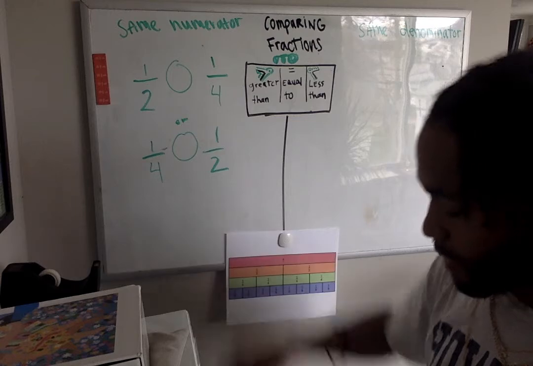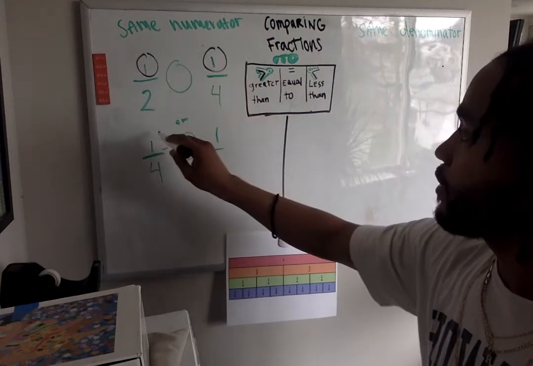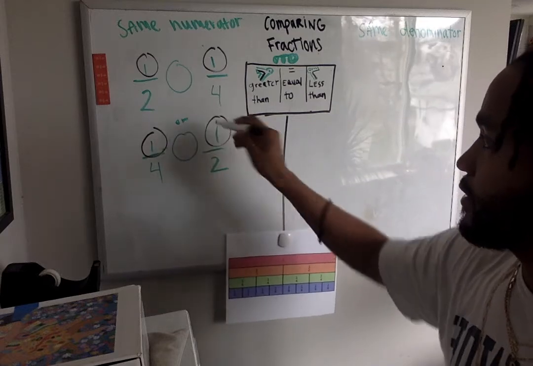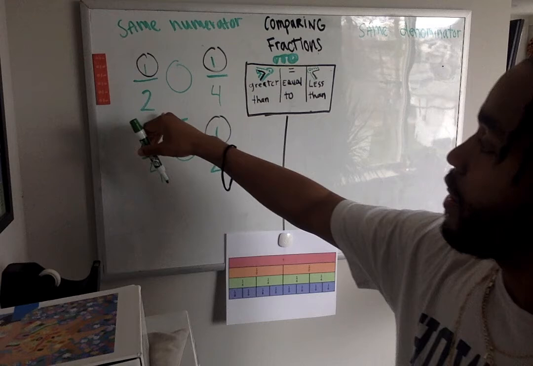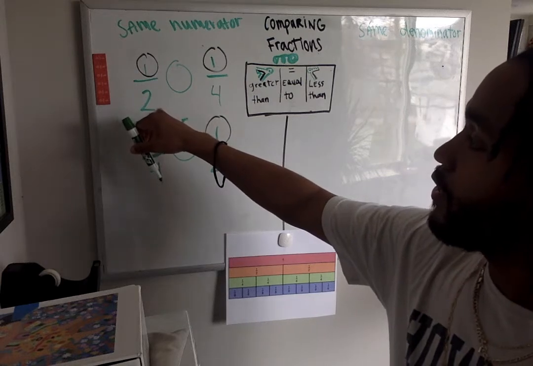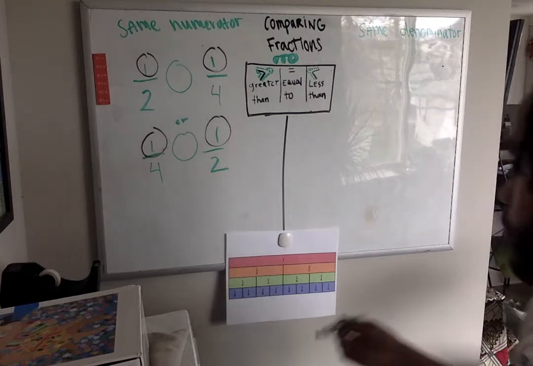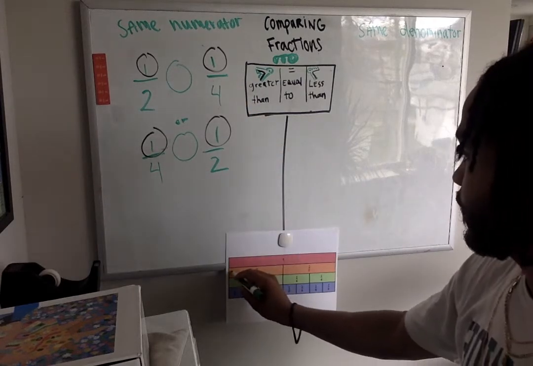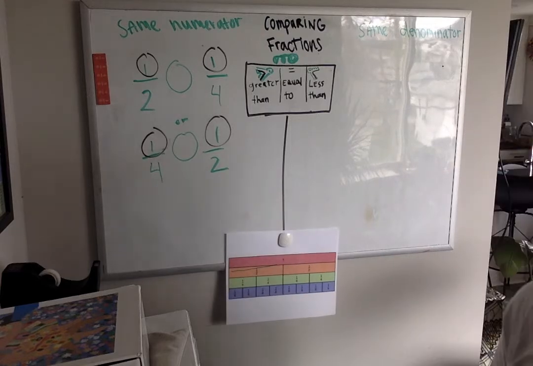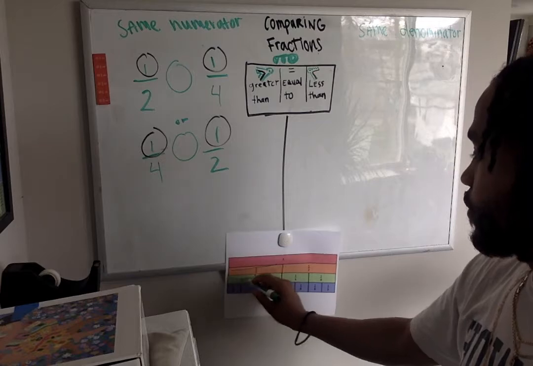But when we have the same numerator, which is the top number, and it is the same, the denominator that is the smallest will actually be larger. So for example, let's look at 1/2 right here. And then if we look at 1/4, 1/4 is only right here.